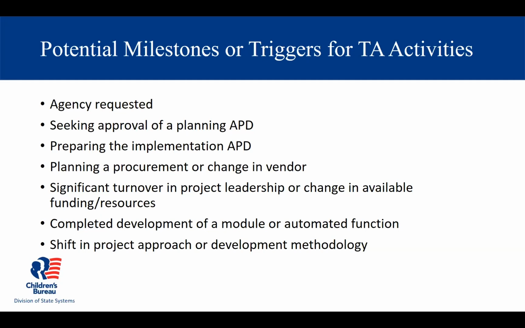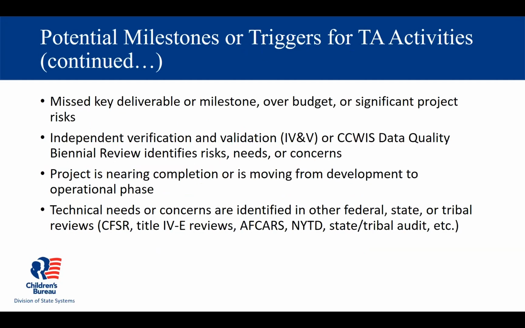Next slide, please. And some of these triggers on this slide are kind of when a problem arises. But I want us to also think, technical assistance doesn't necessarily have to be because of a problem or a bad outcome. We can look at technical assistance as a way to improve and build upon the work and to make sure basically that what we're building is meeting the needs.